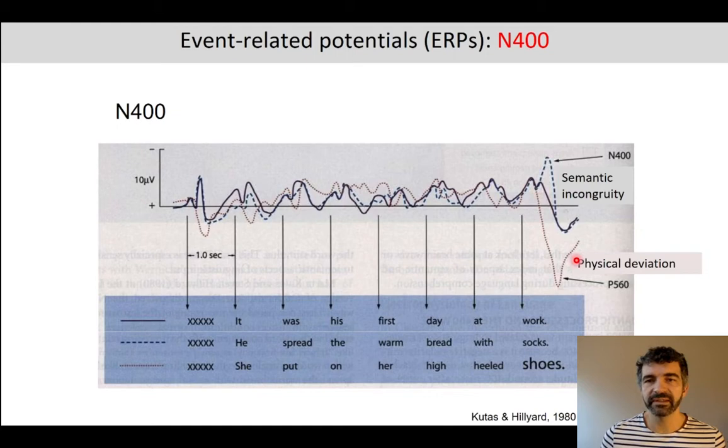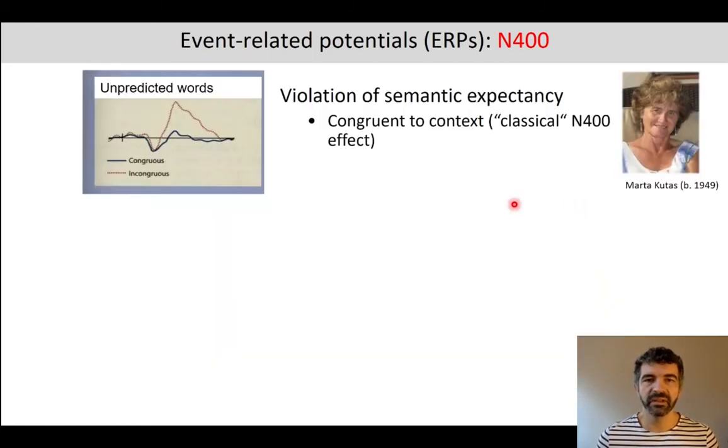If you see a semantic incongruity, so spreading the warm bread with socks, a word that you wouldn't expect, then you see this N400 here, the negativity 400 milliseconds after the onset of this word. And the interpretation of these results was that there's a violation of the semantic expectancy.